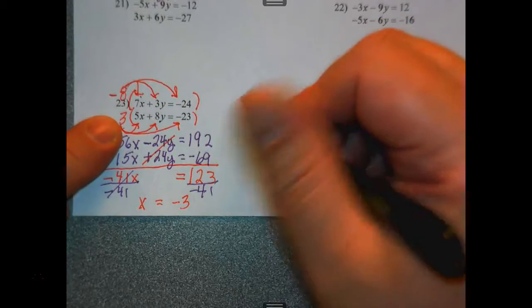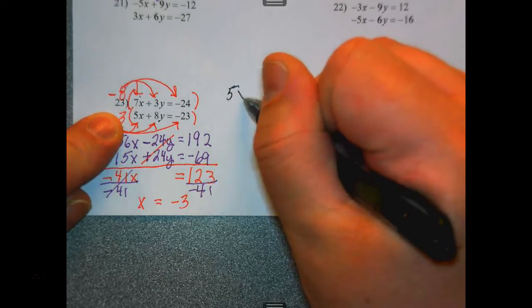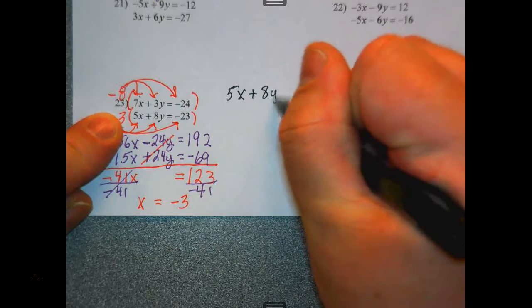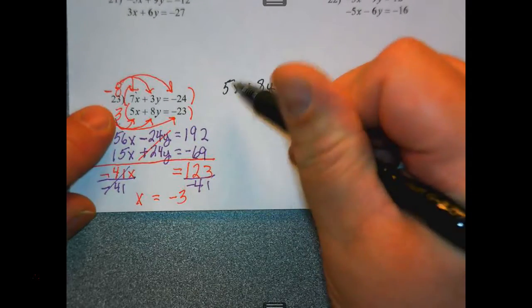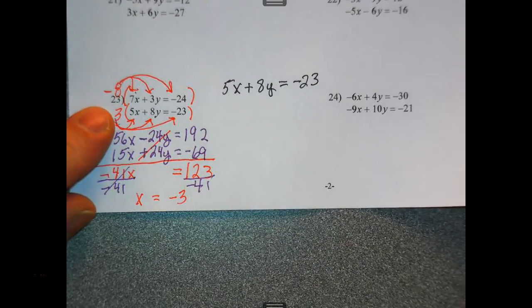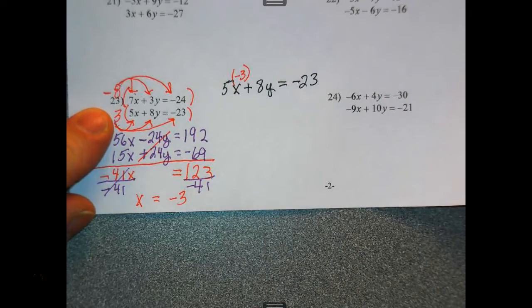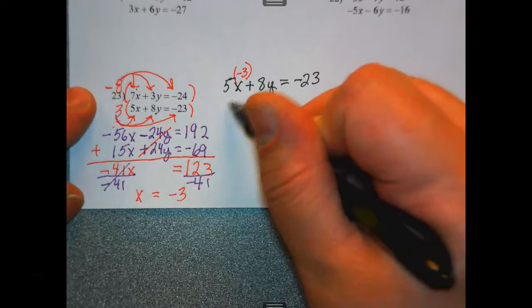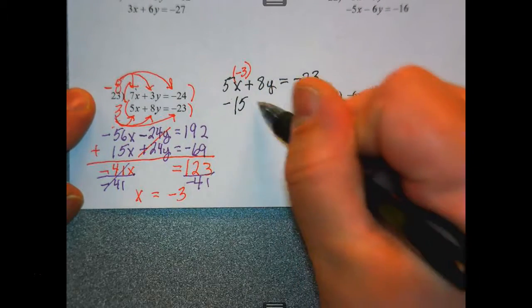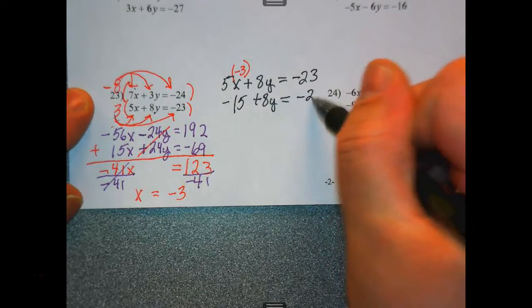Pick one. I'm going to pick the bottom just to be different. Figured x, so my x here is going to be negative 3. 5 times negative 3, negative 15, plus 8y equals negative 23.